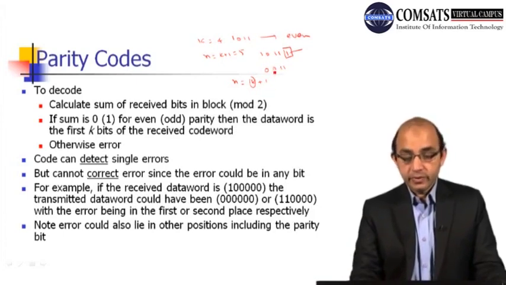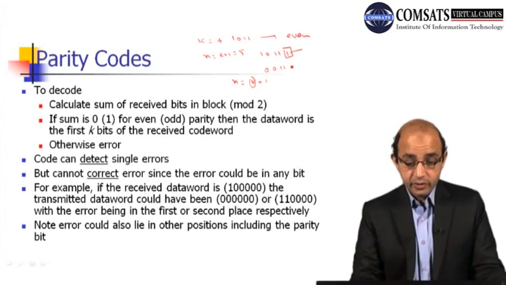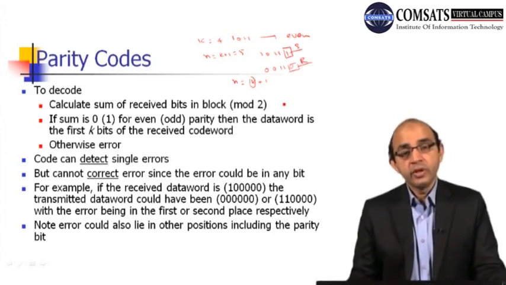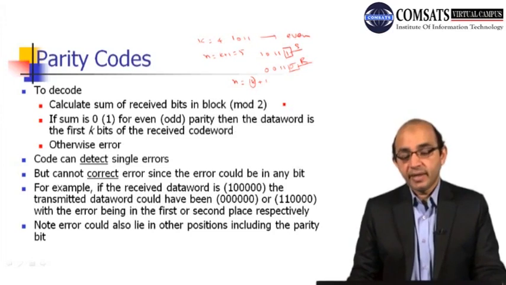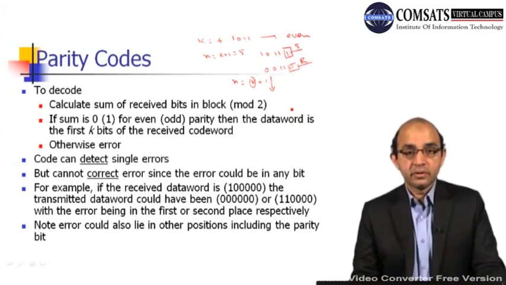So though we have detected the error, right? Here we will be having 0. This is the sender, and at the receiver we have 0. So though the receiver identified the error, it cannot identify the position of the error, right?